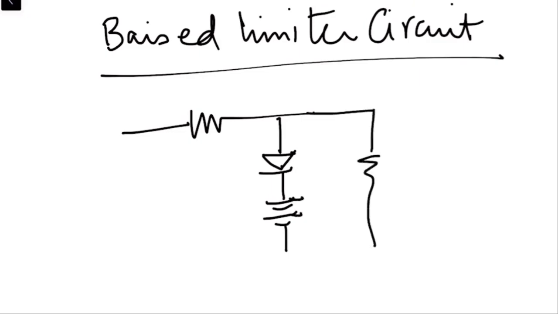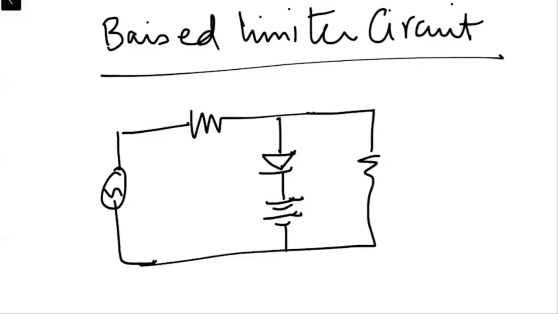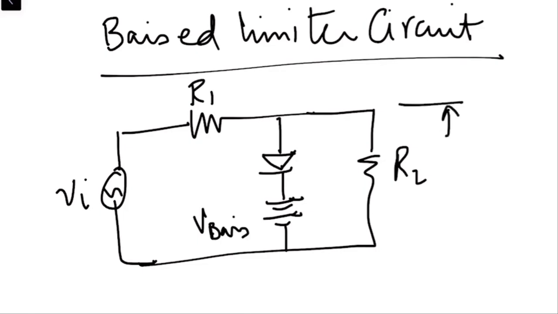And again we have the output, and we are providing the input over here as an AC source. And we have R1, and we have a DC source which over here we call V bias. We are taking the output across the parallel combination of the diode and V bias with that of RL.